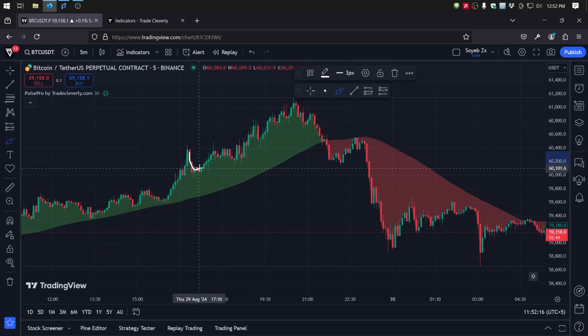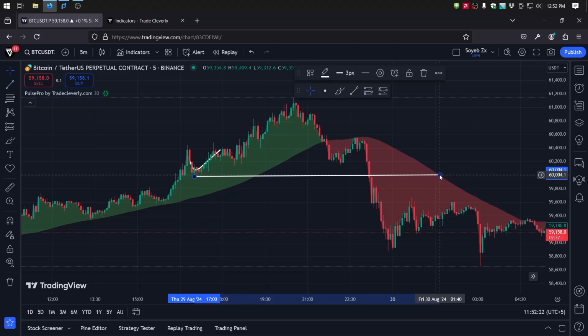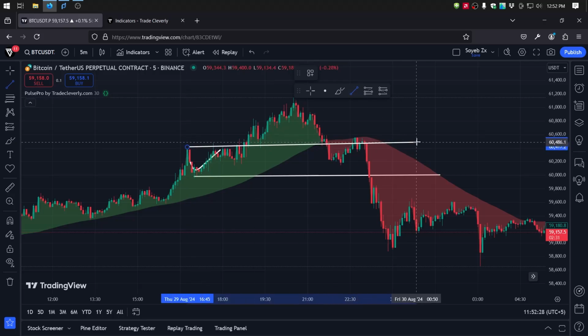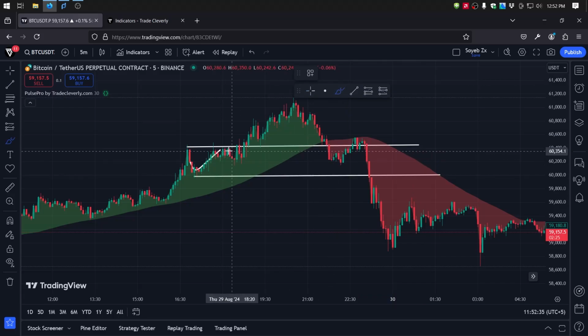You can see the price again goes down in here, a new swing low. Alright, and it was our recent swing high, and you can see the price is successfully crossing up our swing high, and also the market move is bullish.